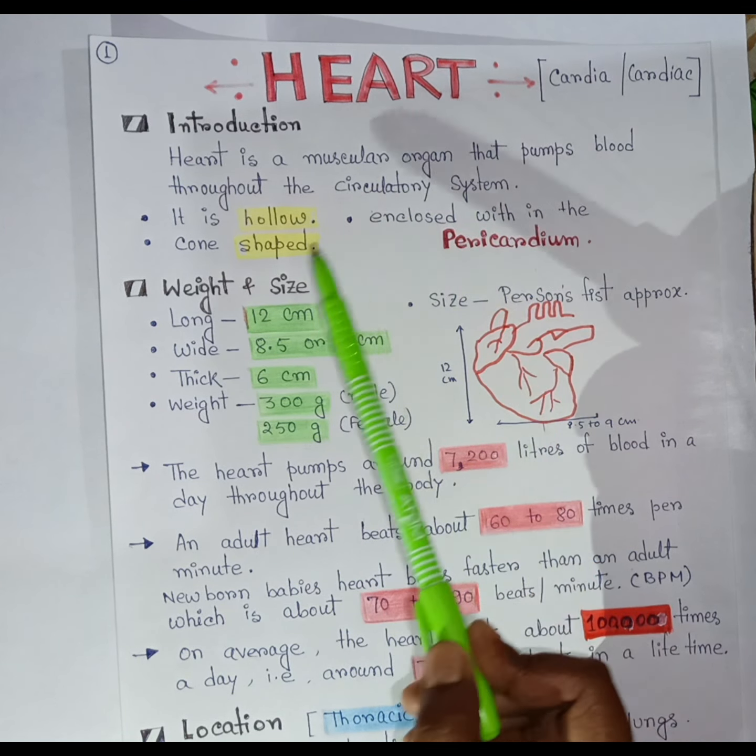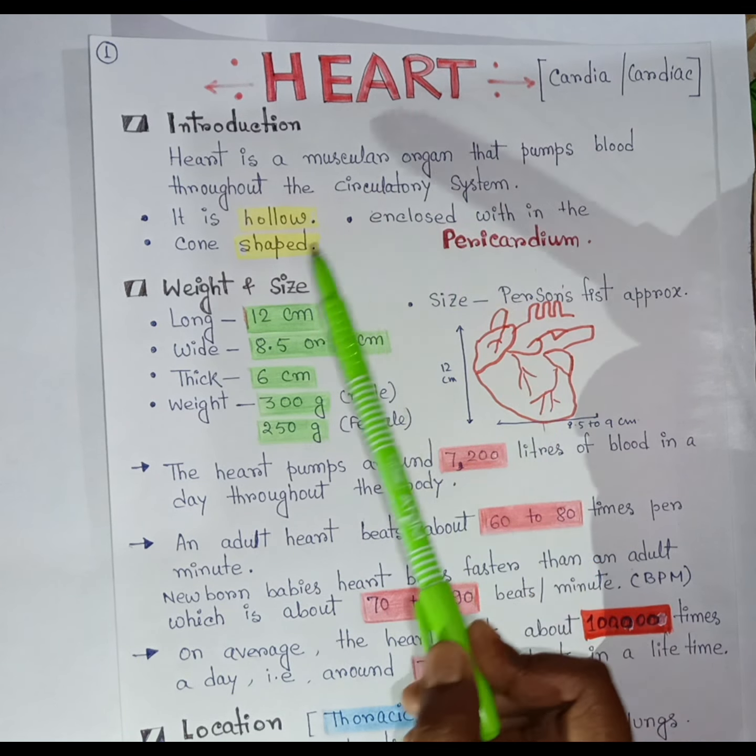Now move on to the 4 valves. First valve is located between RA and RV, right atrium and right ventricle.